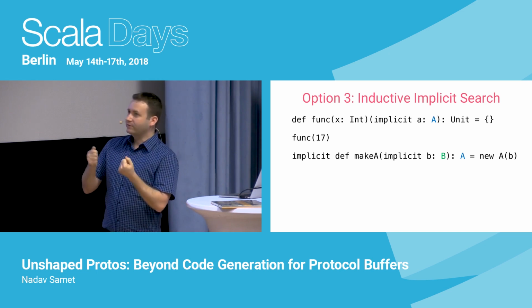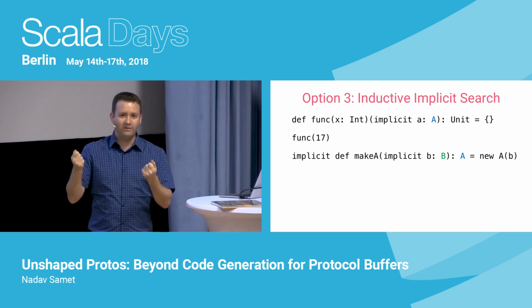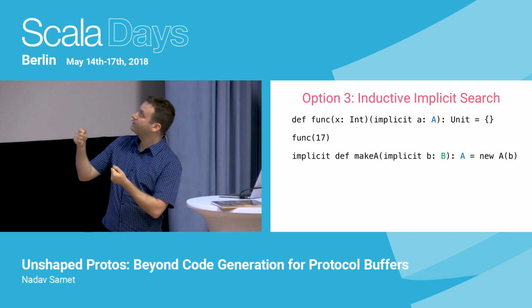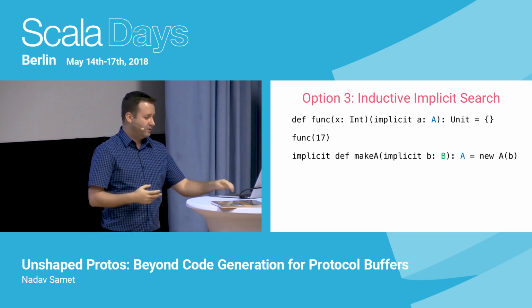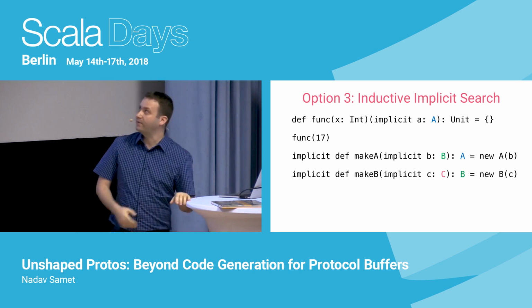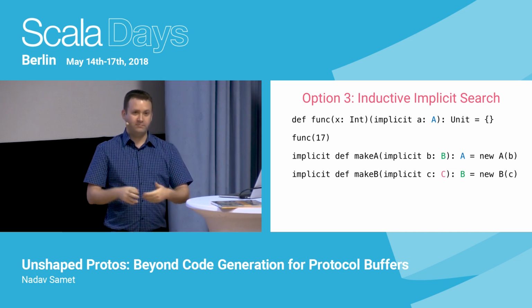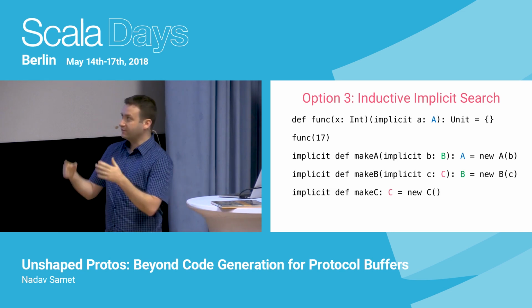So in order for this to work, the compiler has a new problem now. It needs to find an instance of B, and if it can find one, it will be able to use this function to create an A. So now the compiler starts a search for B, and it might find this function, makeB, that wants a C. Then the compiler starts to search for a C, and let's assume that it finds this makeC that doesn't want anything.